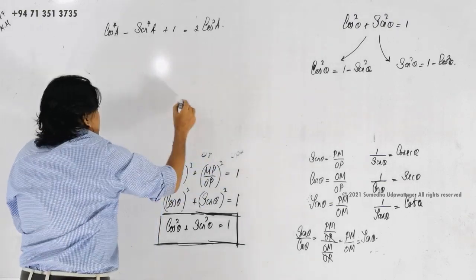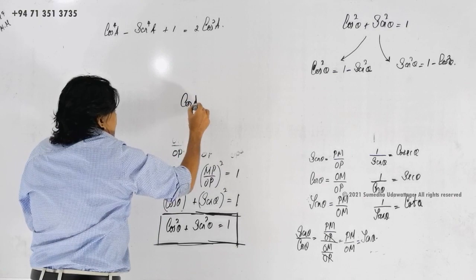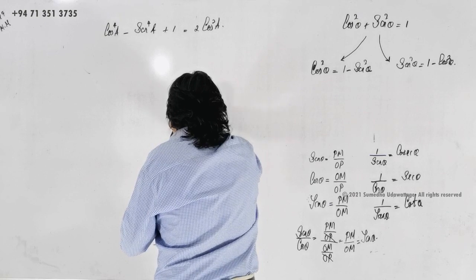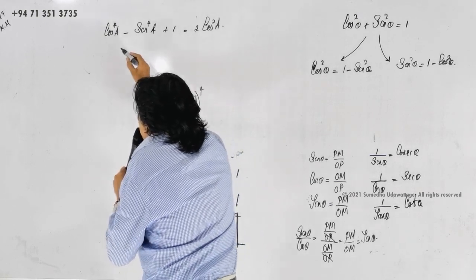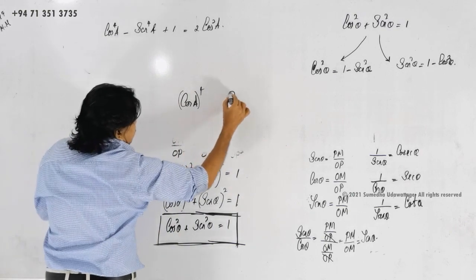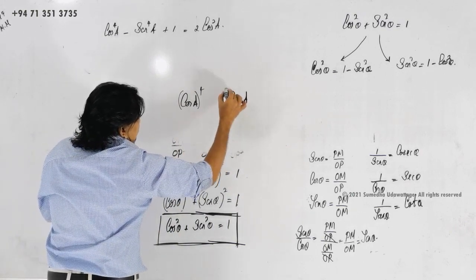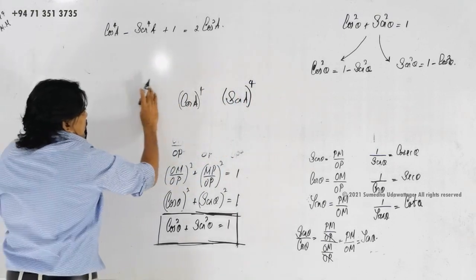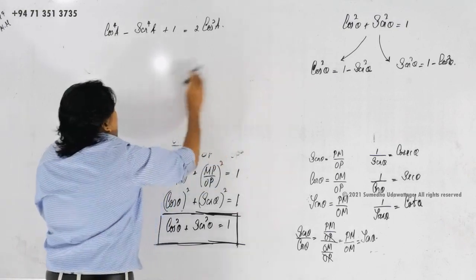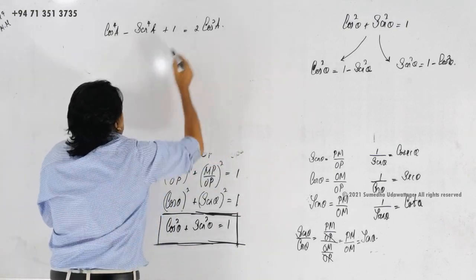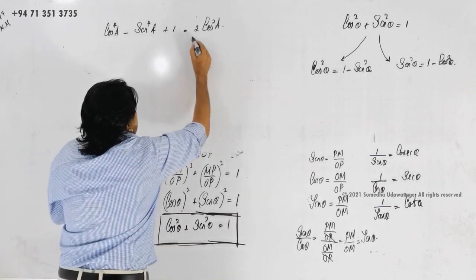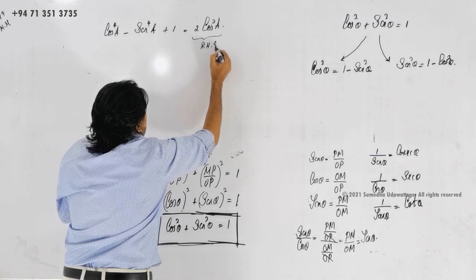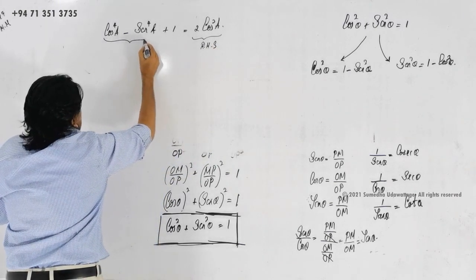For the angle a, you took cos a, the complete thing to power 4. In short, we write cos to power 4a. Sin a, the complete thing to power 4, you write sin to power 4a. Cos square a means cos a squared. Now, this is the right hand side, and this is the left hand side.